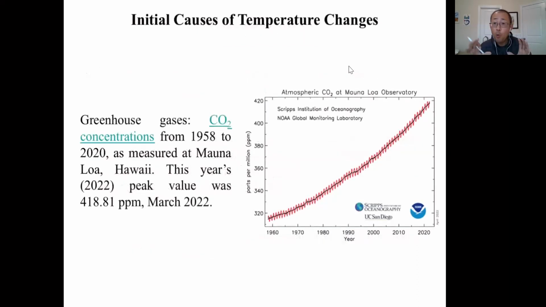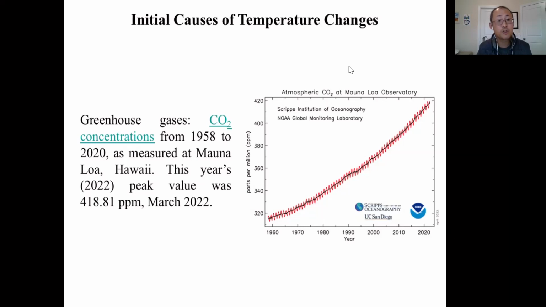Now, water vapor, the most important greenhouse gas, its concentration in the atmosphere doesn't fluctuate much. It changes with climate, but not much. But if you look at this chart, ranging from 1958 to 2020, you find the greenhouse gas carbon dioxide concentration actually increased significantly from 320 ppm to almost 420 ppm.